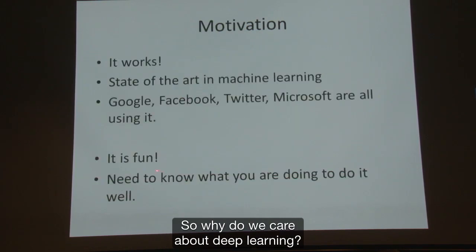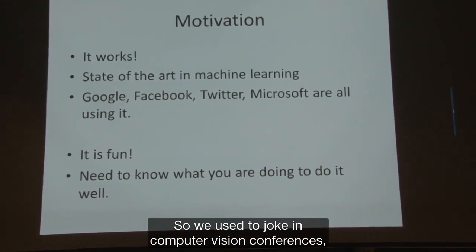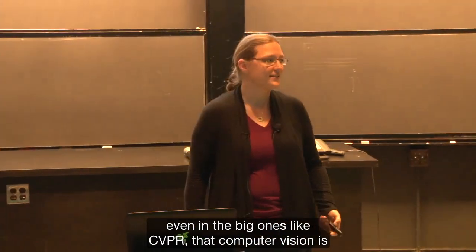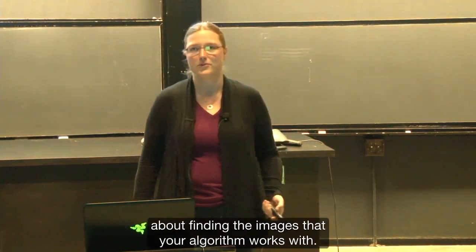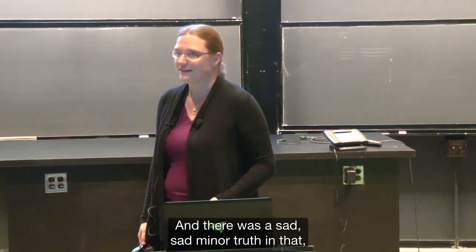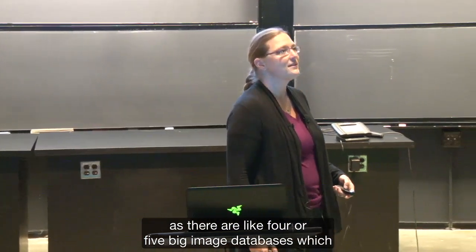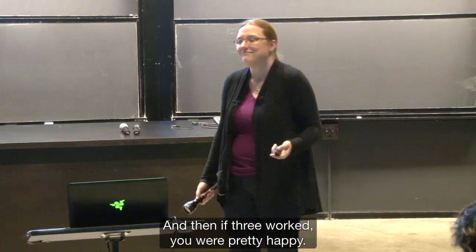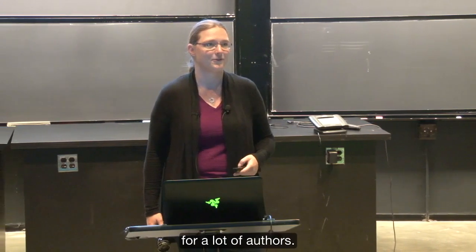So why do we care about deep learning? So first of all, it works. We used to joke in computer vision conferences, even in the big ones like CVPR, that computer vision is about finding the images that your algorithm works with. And there was a sad, sad minor truth in that, as there are like 4 or 5 big image databases which were used for benchmarking, and you would evaluate all of those, and then if 3 worked, you were pretty happy, and those were the ones that made it into the paper for a lot of authors.